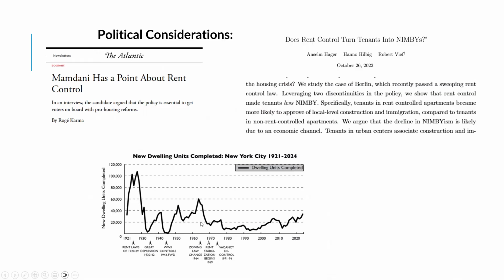And you can see throughout the mid 40s to 60s, before the zoning laws were enacted, there's considerable new dwelling unit construction, although this was also the era of urban renewal, so I don't think there was much net gain because of that.